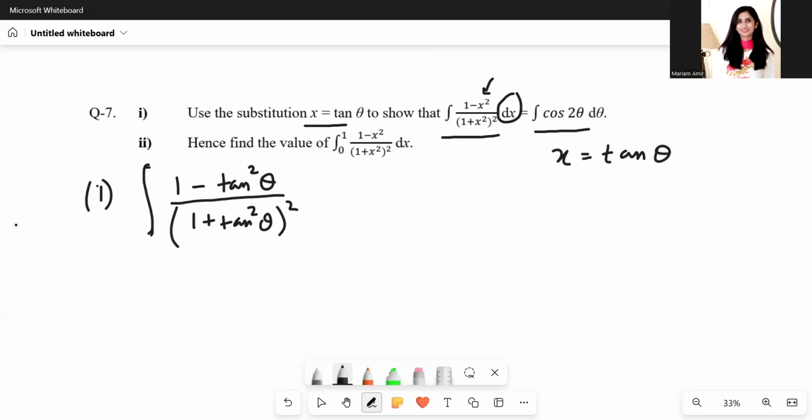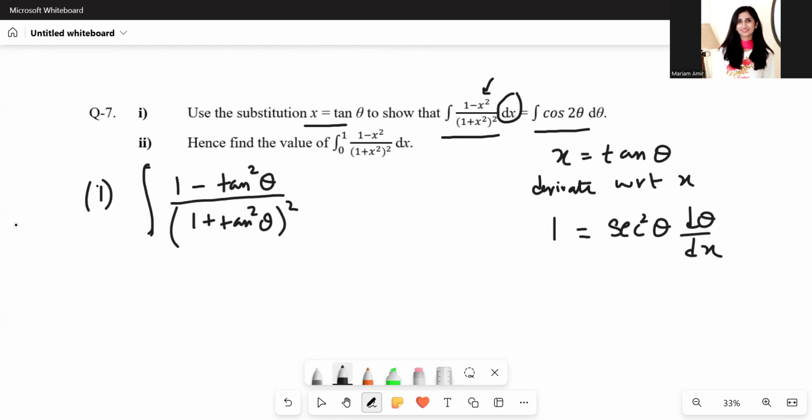Okay. Differentiate both sides with respect to x. So we get 1 equals the derivative of tan theta, which is secant square theta. But with it, we'll also write d theta by dx because we're substituting with respect to x, just like we do in implicit equations in the topic of differentiation.